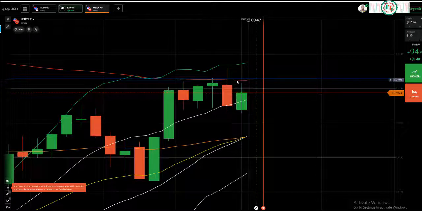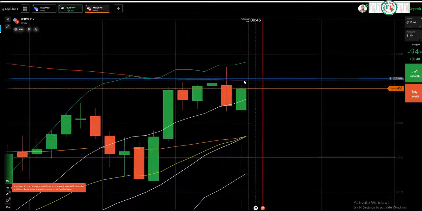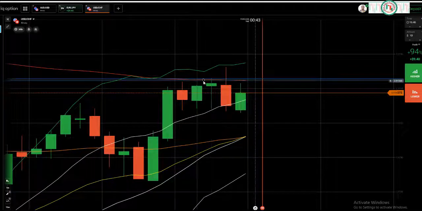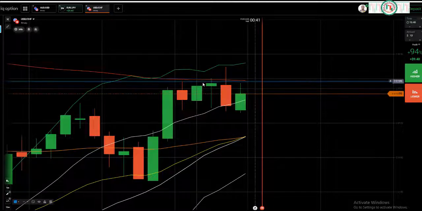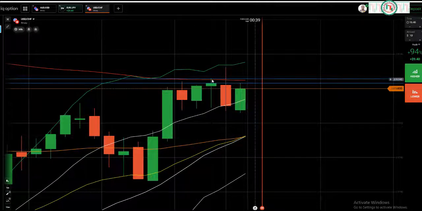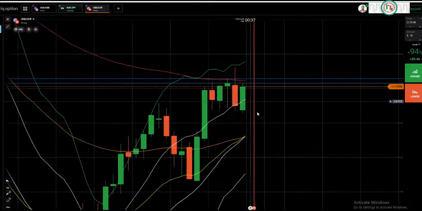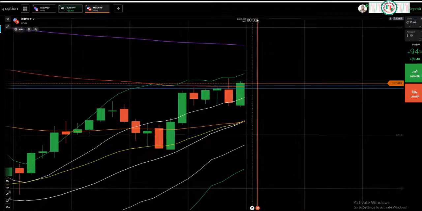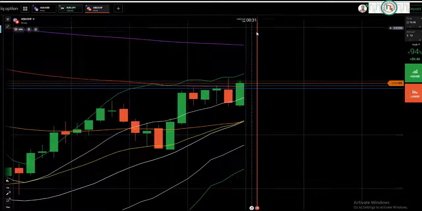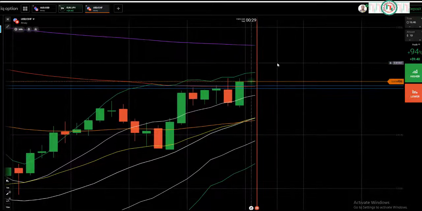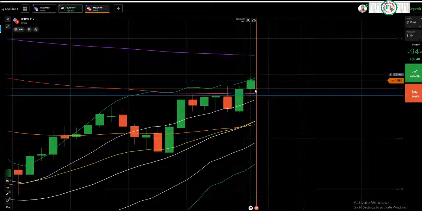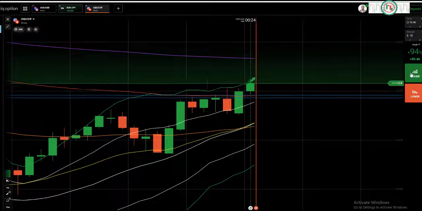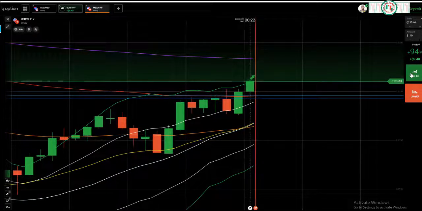Market closes here because this is the sellers area. Yes, the whole area here is the sellers area, but market is breaking. Market is breaking the area. You see rejection from this level. I will place a call option if I get a lower entry point.